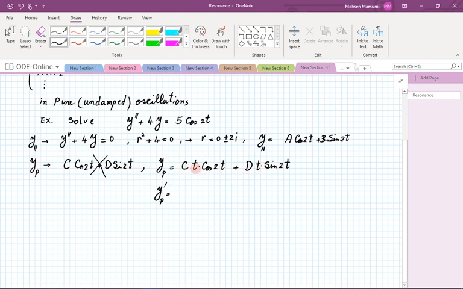So I'll have c, derivative of this one is just 1, cosine of 2t, and then derivative of this is minus 2t sine of 2t. Same thing here, derivative first time is just 1, then sine of 2t, derivative of the second term is going to be 2 cosine, so I'll have 2dt cosine of 2t.